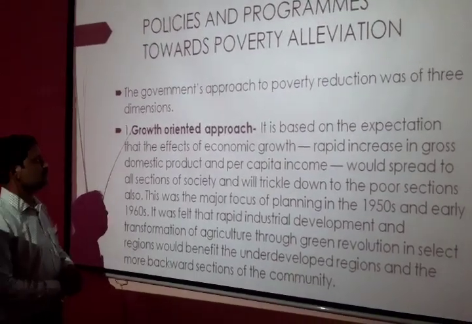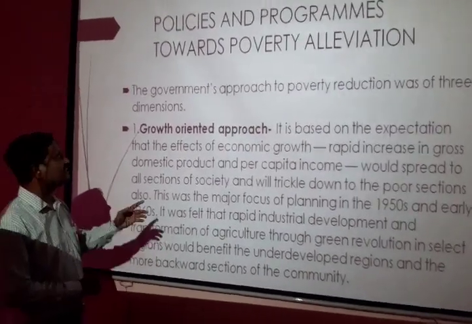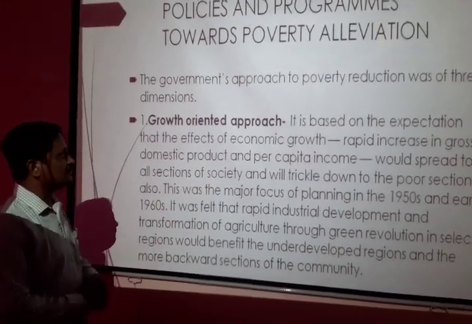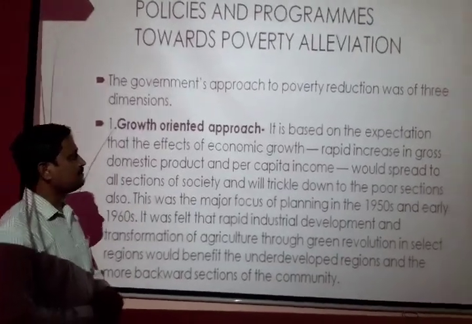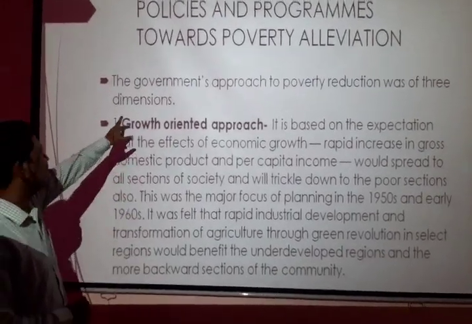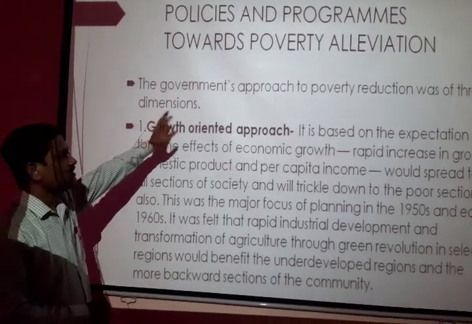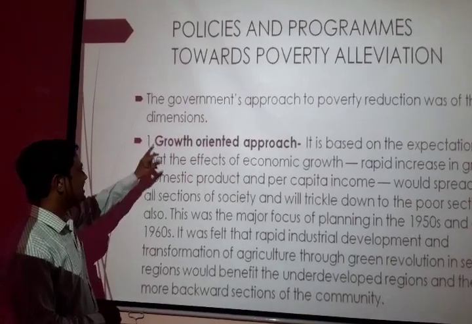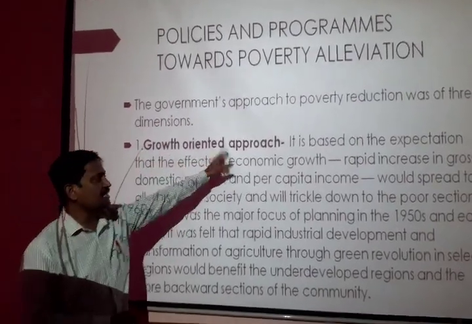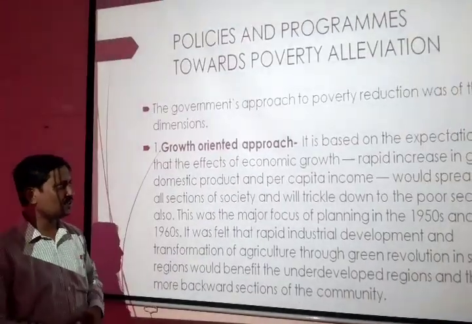of the people. In that light, the government approach to poverty alleviation was of three dimensions. It attacked poverty by three approaches. The first one is the growth oriented approach. So what is the growth oriented approach?